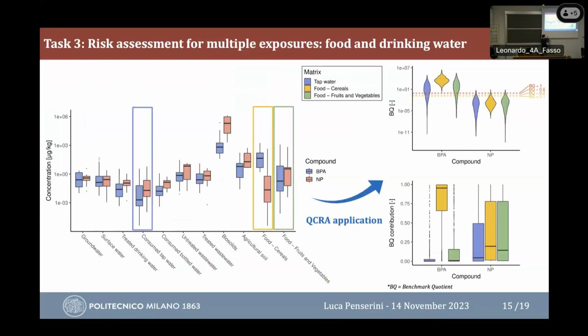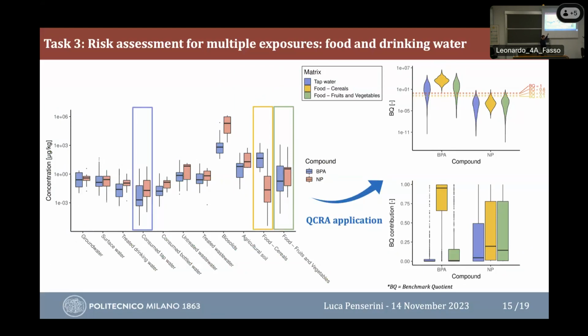Then we just focus on these three compartments, and there you can see an example of output. The red line up there is the presence of risk. The risk EQ is a benchmark quotient, which is an indicator for risk. So above that level, we have a risk.